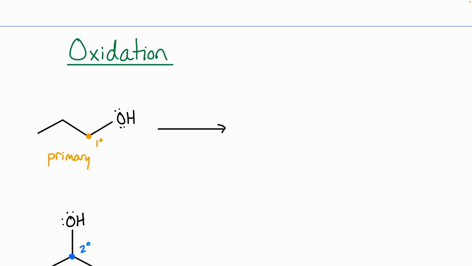Okay, for right now, I'm going to just leave this as this O in brackets, which is the symbol that we use for oxidation. We'll talk about the actual reagents that we could see doing the oxidizing in a second. All right, so if I create one additional carbon-oxygen bond here, starting with my primary alcohol, what functional group am I going to have?